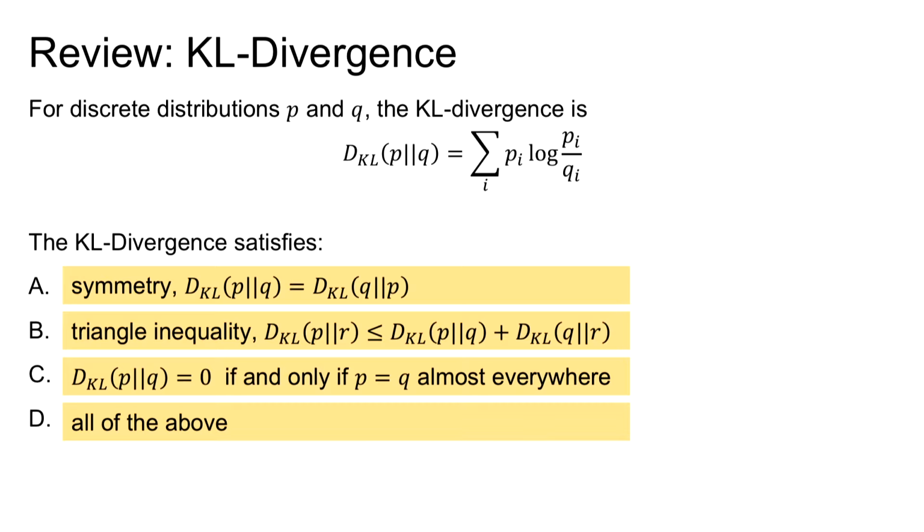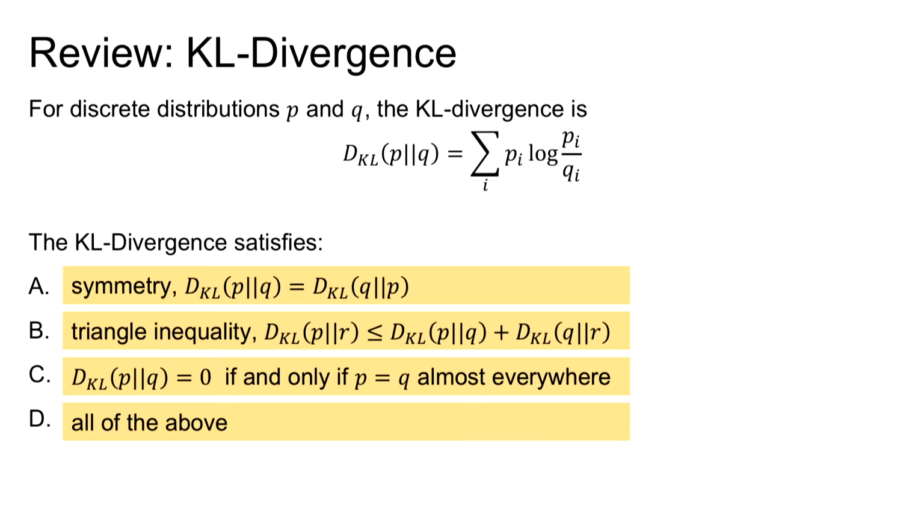Okay, so there are a bunch of properties that metrics or distance functions can satisfy. One of them is symmetry, so distance of PQ is the same as distance of QP. Another is the triangle inequality, which you've probably seen before.